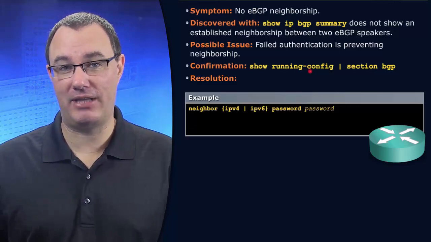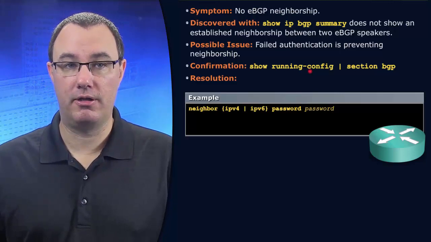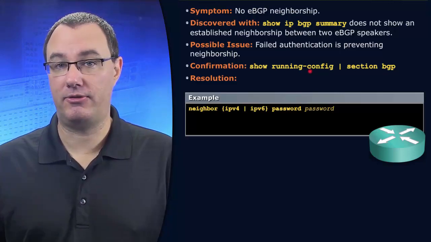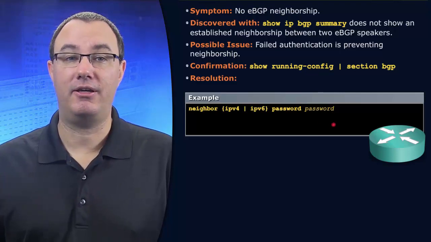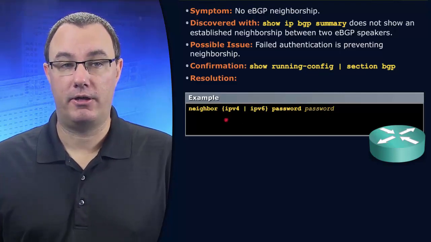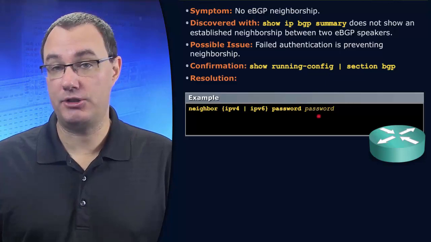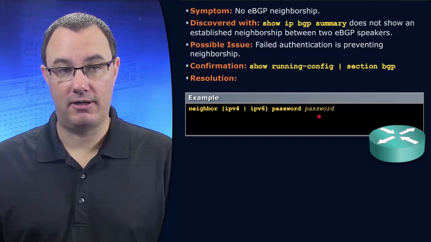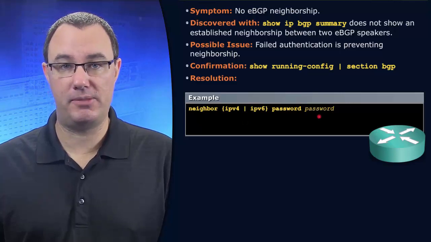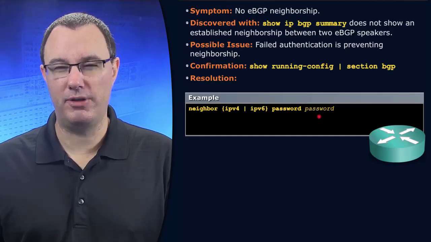Let's dig deeper into that and make sure that it is matching on both sides. And so the way that we remediate it is we supply the correct credentials to the neighbor statements, and that will resolve the BGP configuration issue. So pretty straightforward issue.